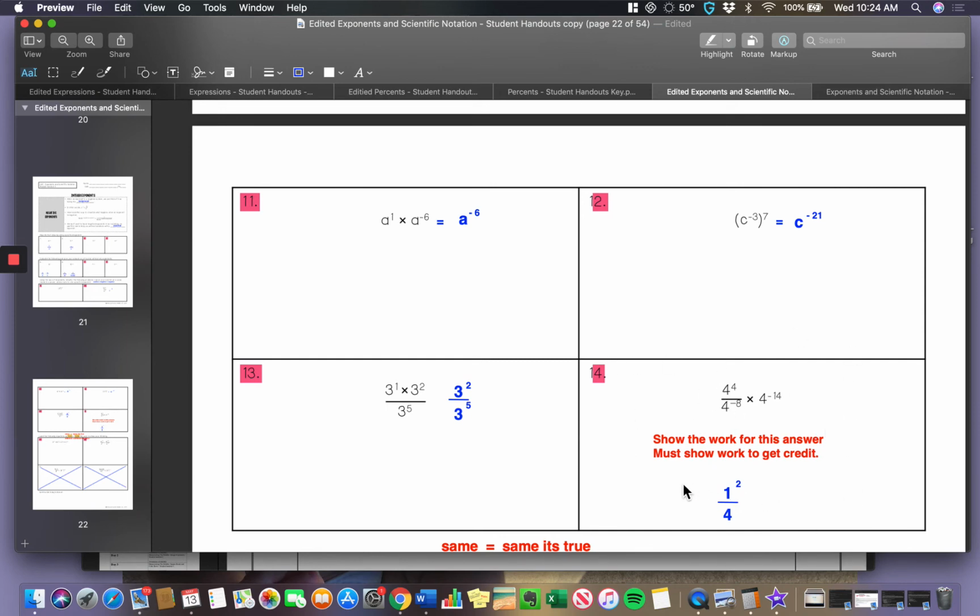It says show the work for this answer, and you must show your work to get credit. So this is the answer to this problem, but you have to show your work on how to get to this answer. If you know that this is the answer, try to do some work here in order to find out how this is the answer.